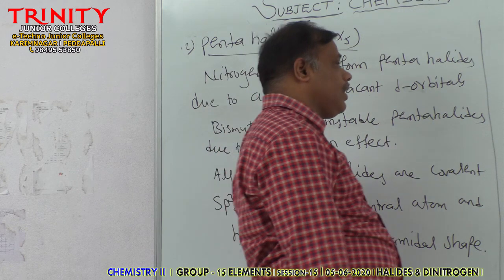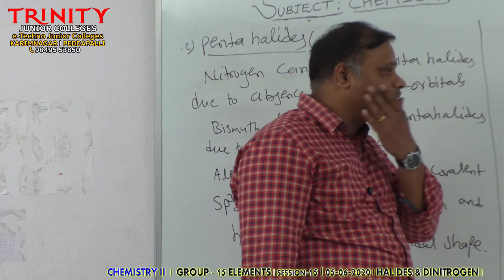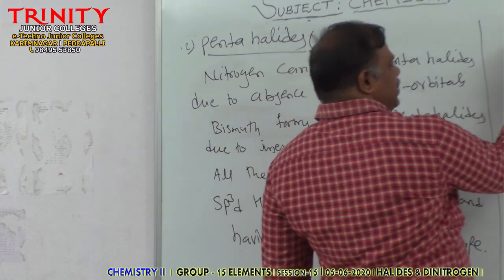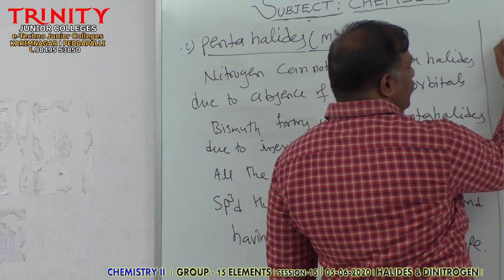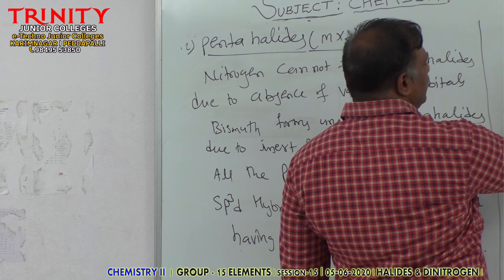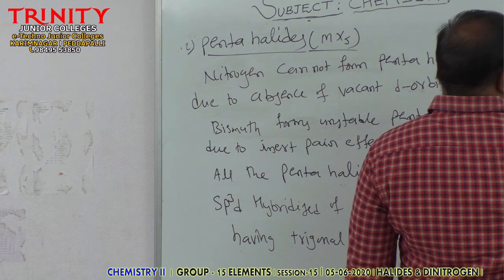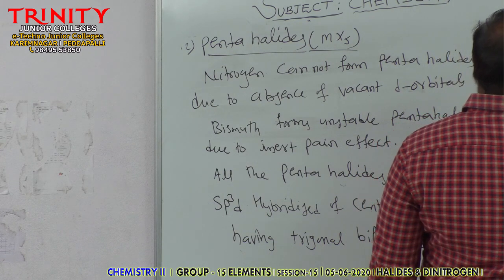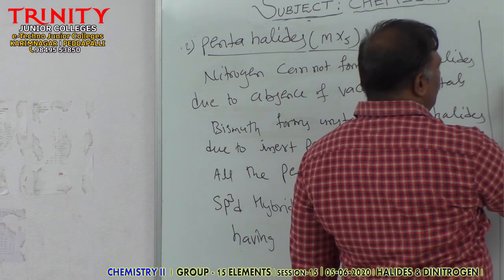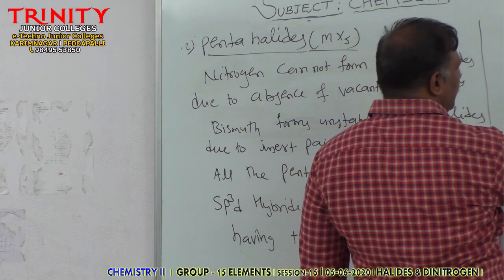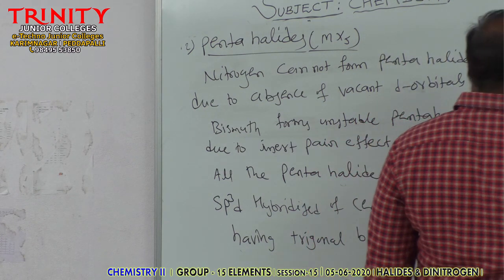Among trihalides, NCl3 forms NH3 and HOCl, and PCl3 forms phosphorous acid on hydrolysis. PCl5 undergoes two-step hydrolysis. PCl5 plus H2O forms POCl3 plus 2HCl.